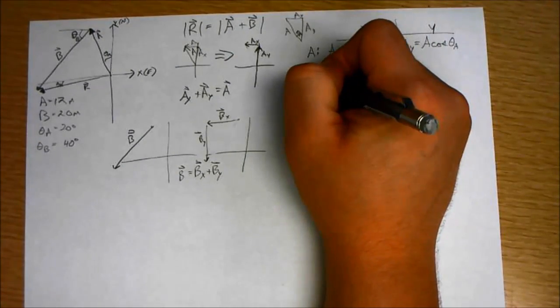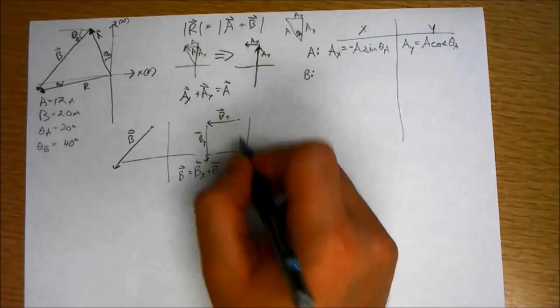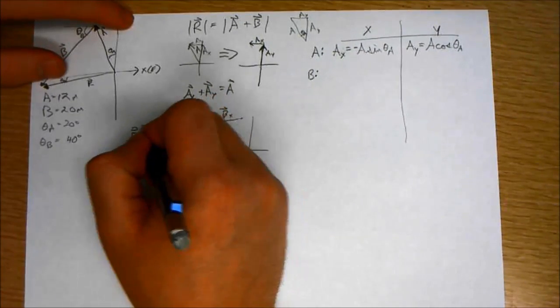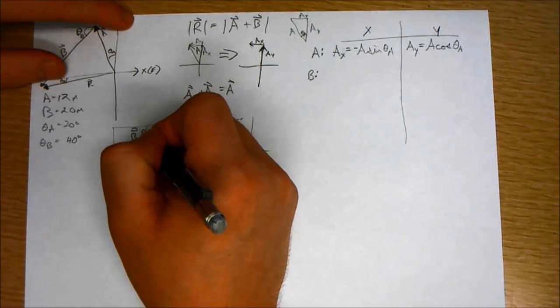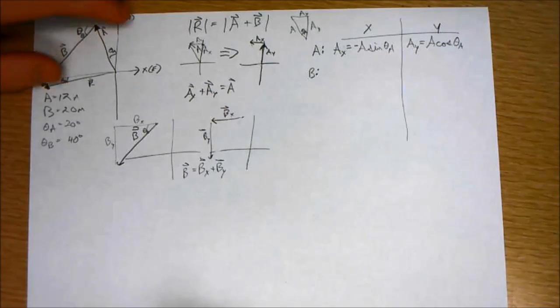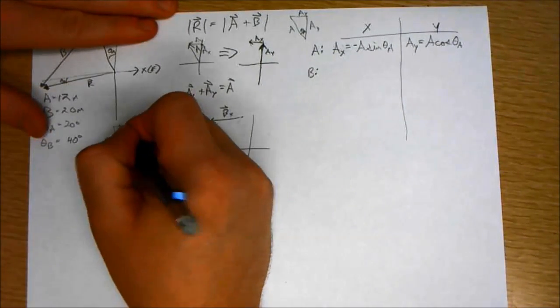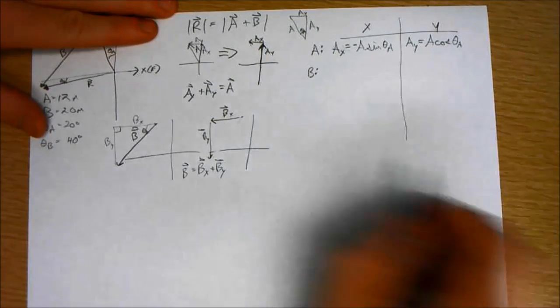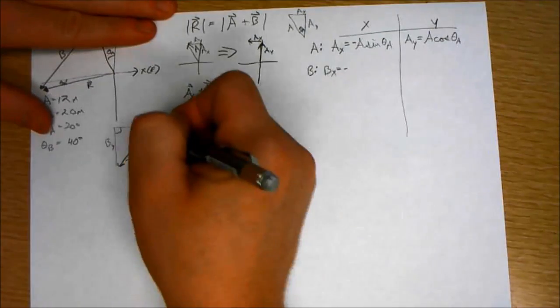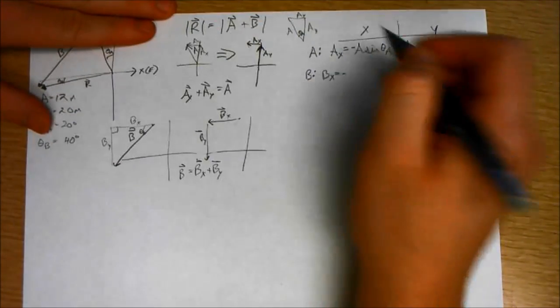So what about vector B? Looking down here, we have this angle theta B, BX, and BY, a right triangle. So BX equals negative B cosine theta B, negative because it's going in that direction.